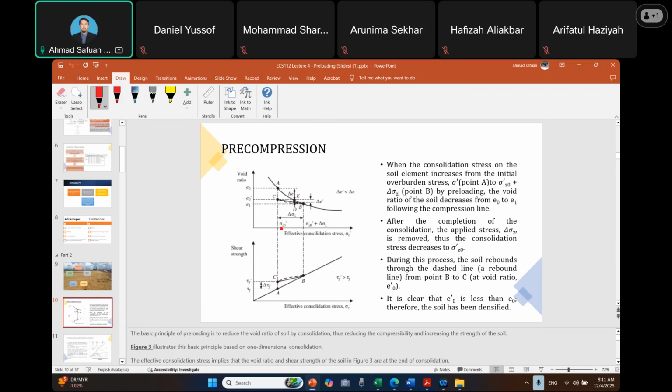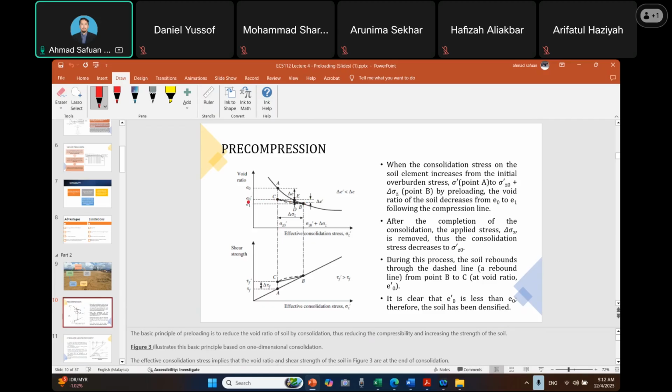During the process, the soil rebounds along the dashed line from B to C, so it has a new void ratio value.